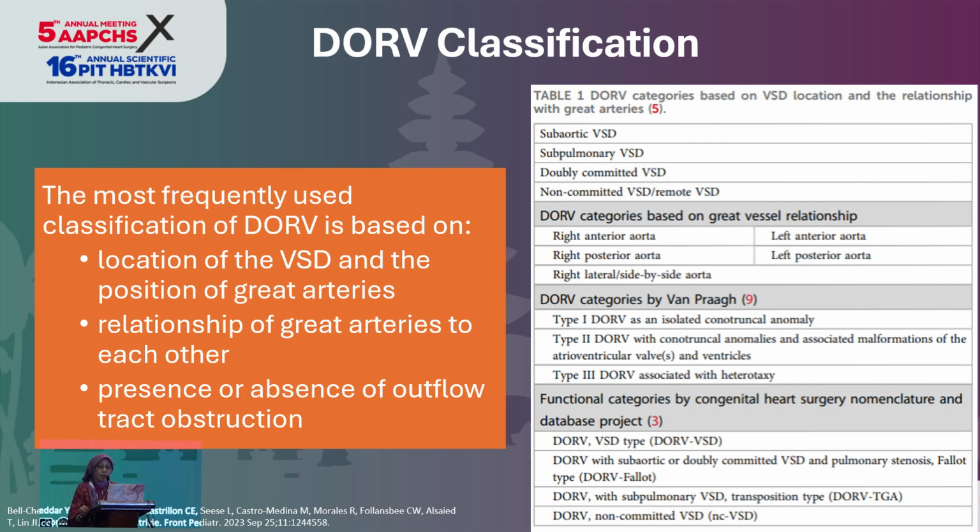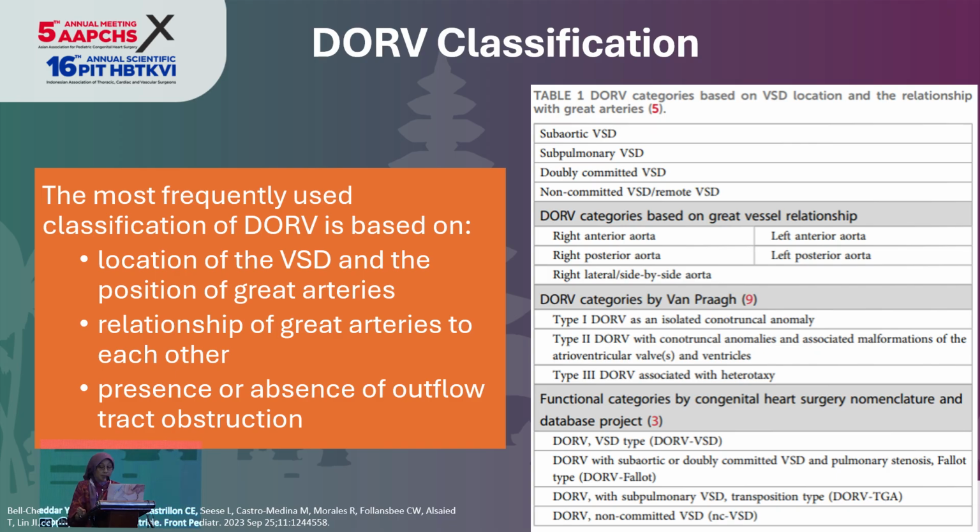The classification of double outlet right ventricle has evolved over time, but the most practical approach remains based on three key aspects. First is the location of the VSD and its relation to the great arteries, second, the spatial relationship between the aorta and pulmonary artery, and third, the presence or absence of outflow tract obstruction.